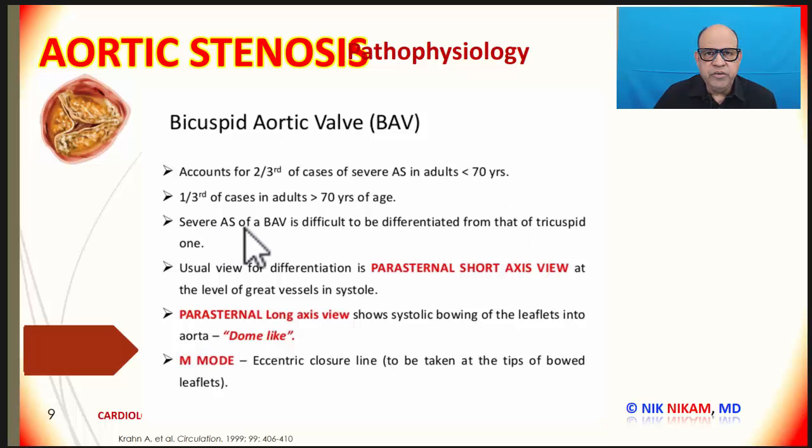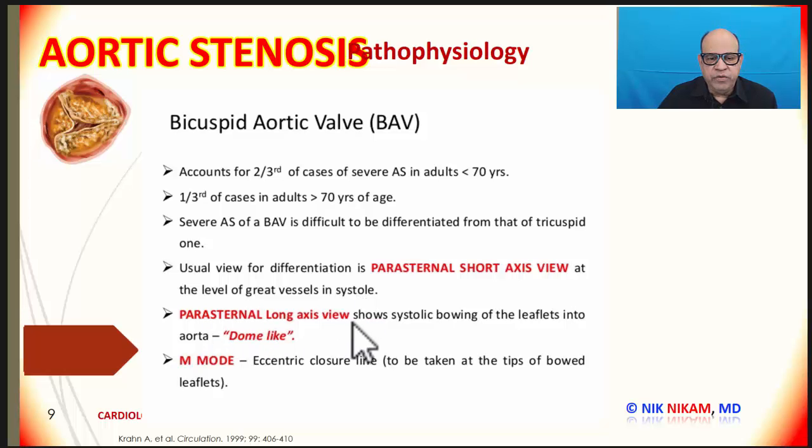Severe aortic stenosis of a bicuspid aortic valve is difficult to differentiate from a normal tricuspid valve with degenerative aortic stenosis. The usual view for differentiation is a parasternal short axis view at the level of the great vessels in systole, where we can see the horizontal split opening of the bicuspid aortic valve.